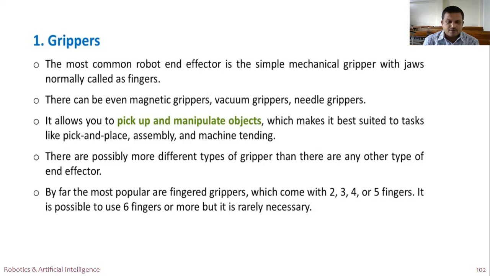There are possibly more different types of gripper than any other type of end effector. By far, the most popular are finger grippers, which come with 2, 3, 4, or 5 fingers. It is possible to use 6 fingers or more, but it is rarely necessary.